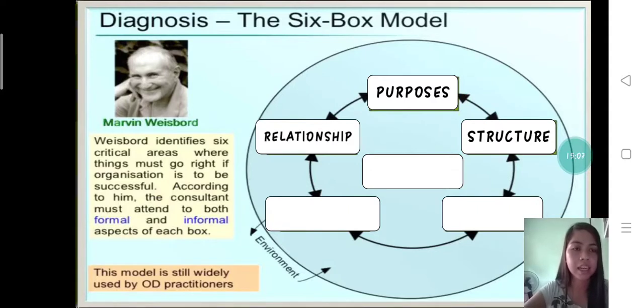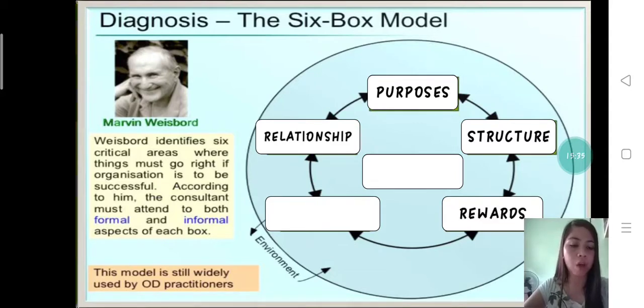And the relationship, of course. What are the relationships between the individuals, units, or departments that perform different tasks, and between the people and the requirements of their jobs? Are the relationships good? Do they have a harmonious relationship in such an organization? So that is also one of the areas that needs to be considered.